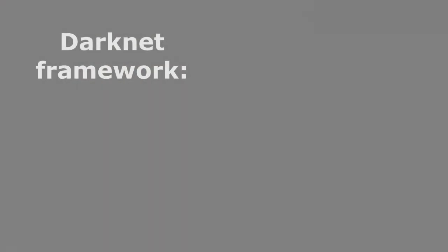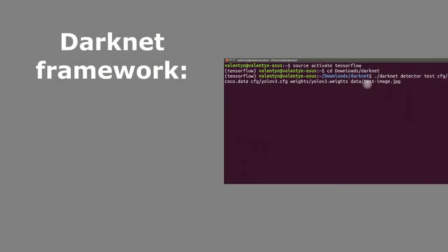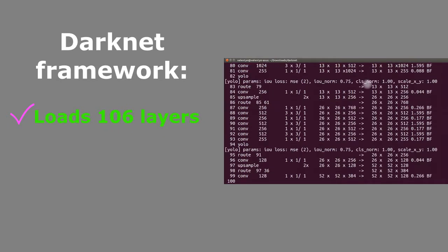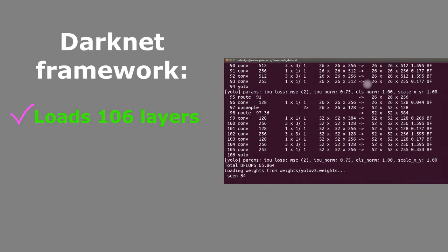That's why when you start any command in darknet framework, you will see the process of loading architecture that consists of 106 layers. The detections are made at 3 layers: 82, 94, and 106. We will talk about detections in a few minutes.